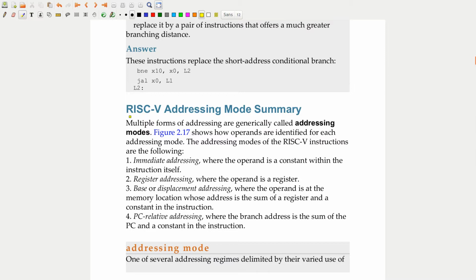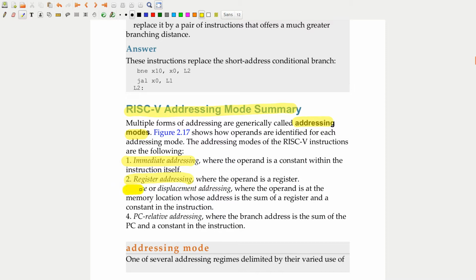So let's look at the addressing modes. That's more interesting. Multiple forms of addressing are called addressing modes. We have immediate addressing, where the operand is a constant within the instruction itself. So that means the address is just a constant that we give it. We have register addressing, which means that some register stores the address that we want to go to.